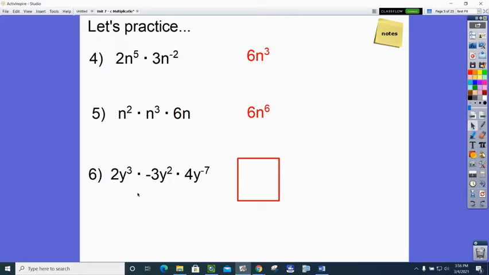Okay, let's get a little more complicated. Try this one. 2 times negative 3 is negative 6 times 4 would be negative 24. 3 plus 2 is 5 plus negative 7 would give me an exponent of negative 2. So I have a negative 24 times y to the negative 2.